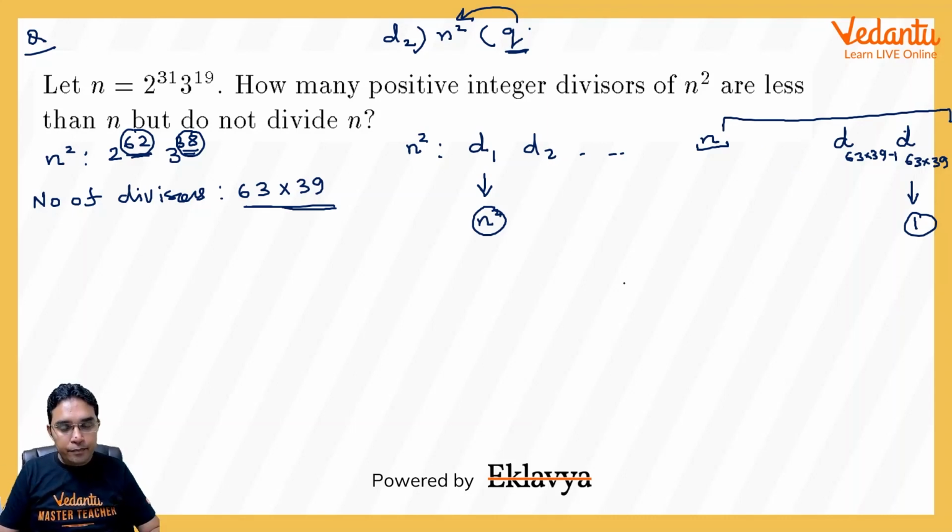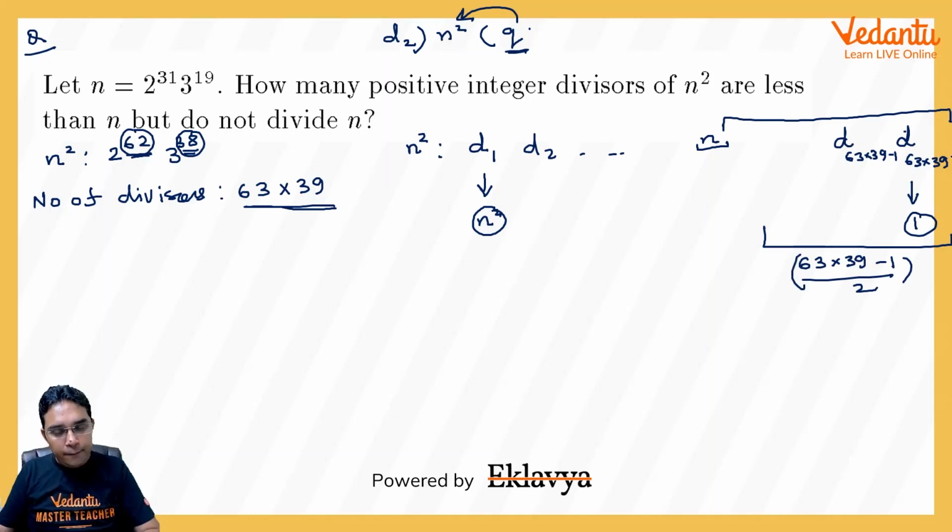How many divisors will it be? If I leave this n apart, total number of divisors will be 63 into 39 minus 1, and half of them will be lying on the right of n, which is lesser than n, and similarly half of them will be bigger than n. Let us focus only on those divisors which are less than n.